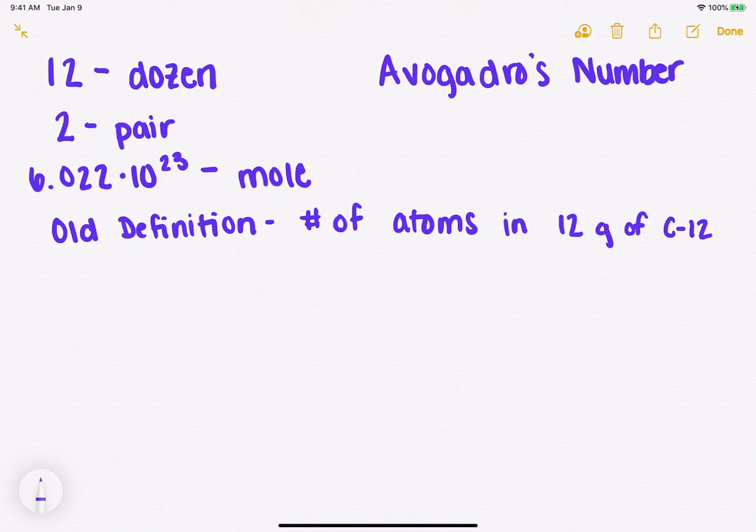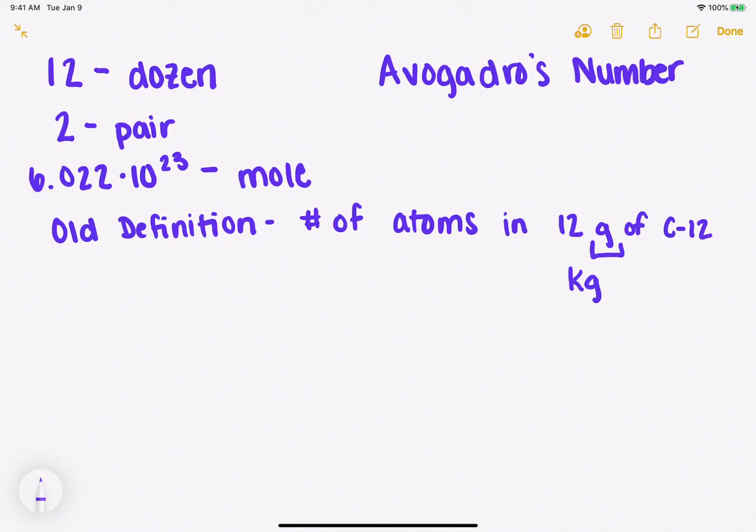Okay, so there's a little bit of a problem with this definition in that it was based off of another unit. This gram was really based off of the SI unit, which was the kilogram.